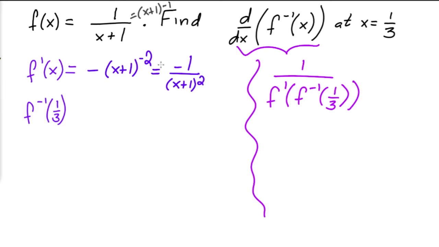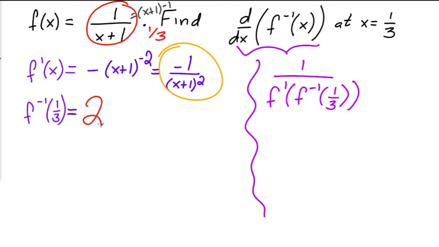Okay, so that's the derivative of the original function. And then f inverse of 1/3 just means when this function right here is equal to 1/3, what's the x value? Well, that's pretty easy to see, it's equal to 2.